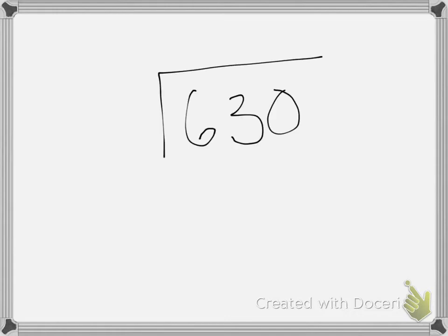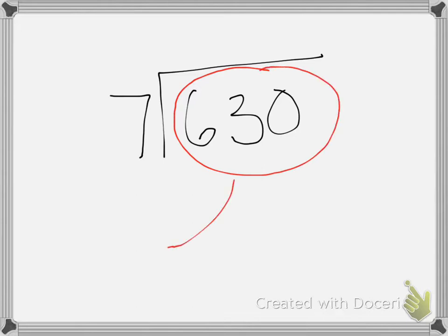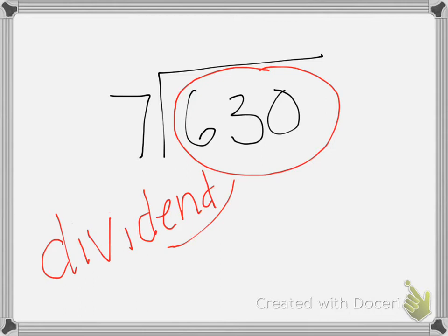So if I have, for example, 630 divided by 7, 630 is what we call the dividend. Seven is our divisor.